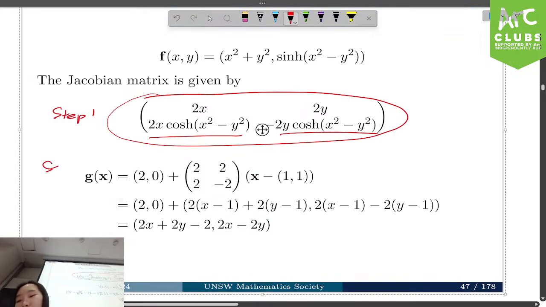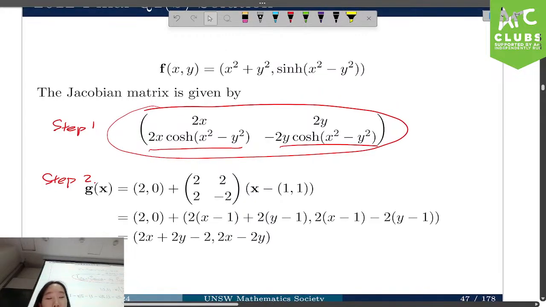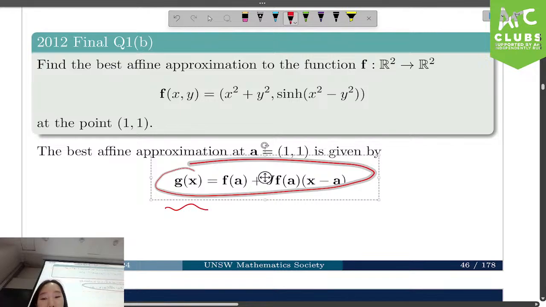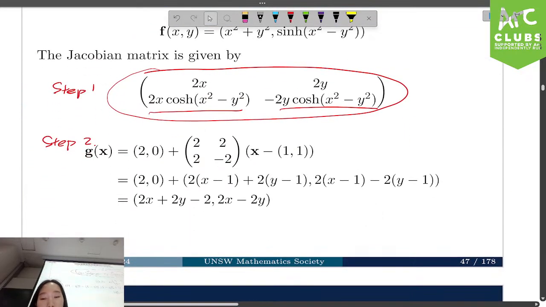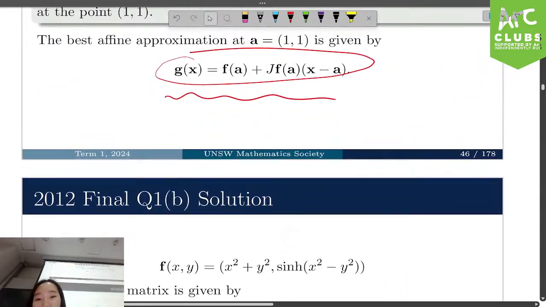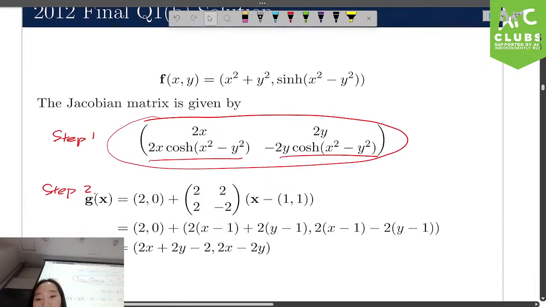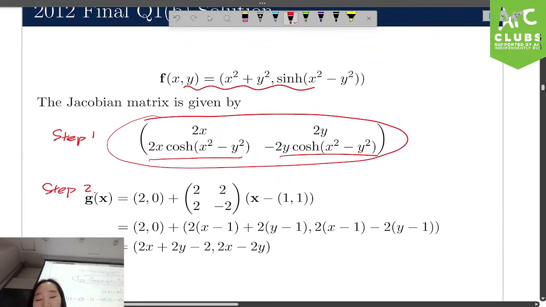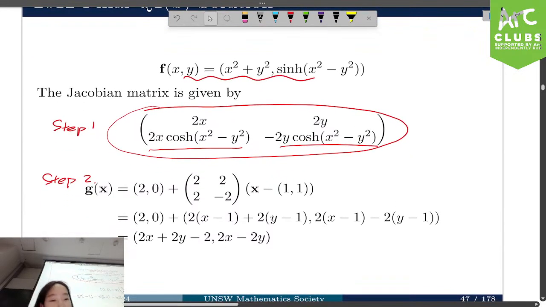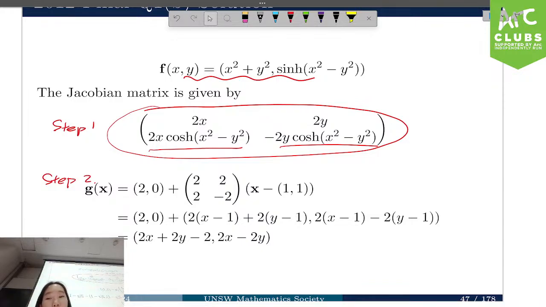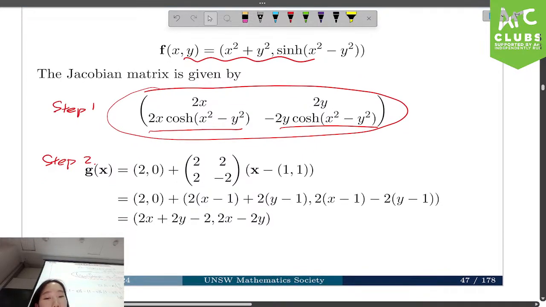And our step 2 is basically to apply the formula. We have the formula over here, we just substitute the values inside. We have 2, 0, when we substitute the point x equal to 1 and y equal to 1 into the functions. We also substitute x equal to 1 and y equal to 1 into our Jacobian matrix, and we get 2, 2, 2, and negative 2.